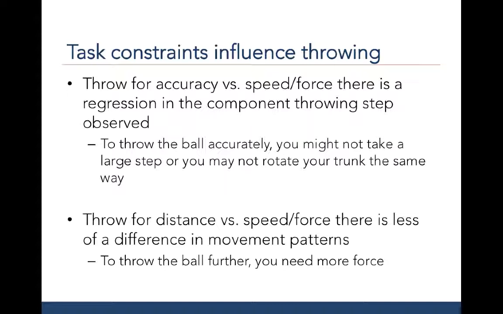This might be due to the fact that in order to throw a ball far, you need to generate a lot more force, and as such, the biomechanical properties might restrict the types of movements possible. This means that you might find more consistency in these types of movement patterns. One big take-home message is that if you want a child to show you the most advanced movement patterns that he or she has, you must get the child to throw for force.